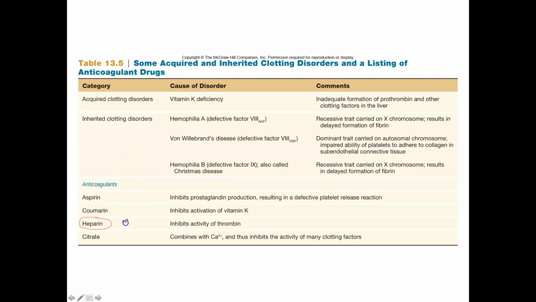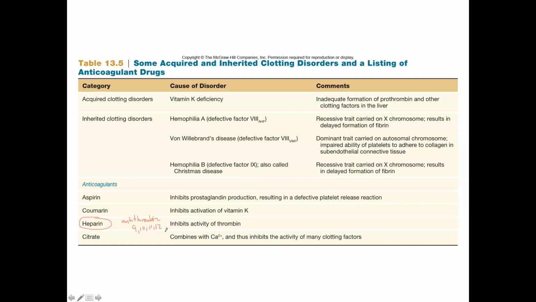So we actually have a protein called antithrombin. And although it doesn't directly inhibit thrombin, what antithrombin does is it blocks factors 9, 10, 11, and 12, which obviously are intrinsic and common pathway factors.